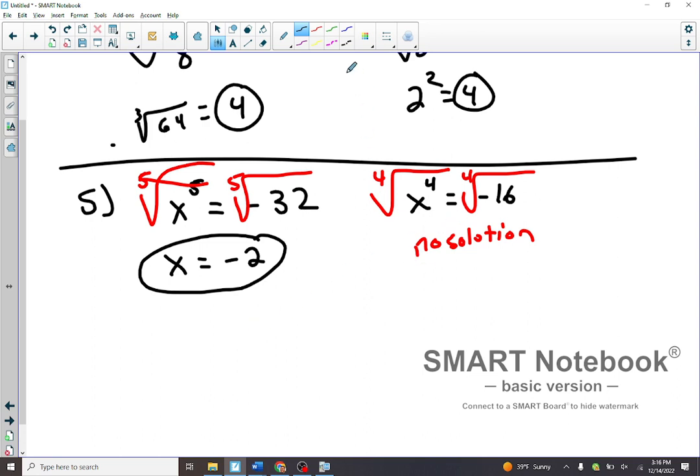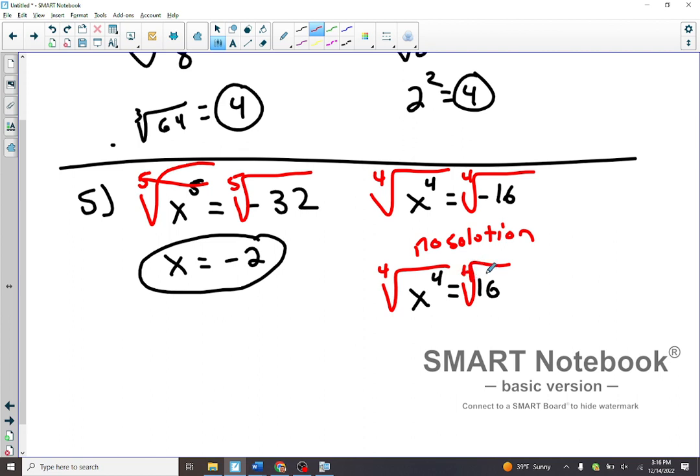Would there be a no solution? Could be. If it's x to the 4th equals 16, we're going to 4th root it.